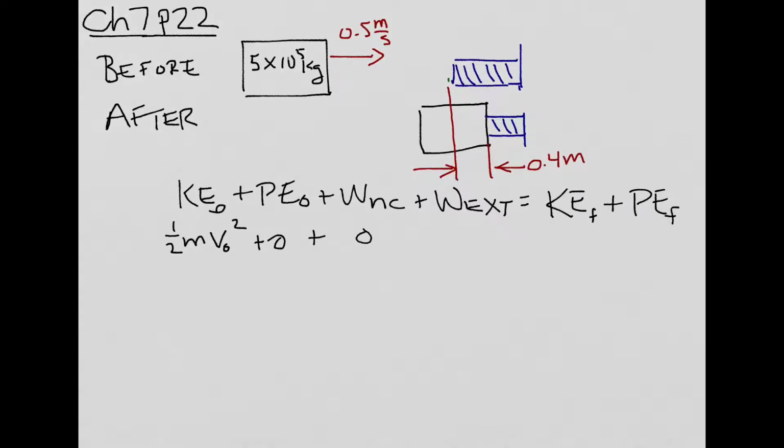There's no friction talked about in this problem. And what about the external work? Since the spring is part of the system, the forces that it creates do work, that's true, but that's internal work, and so we can keep track of it with energy. So there's actually no external forces acting on the system, so there's no external work.